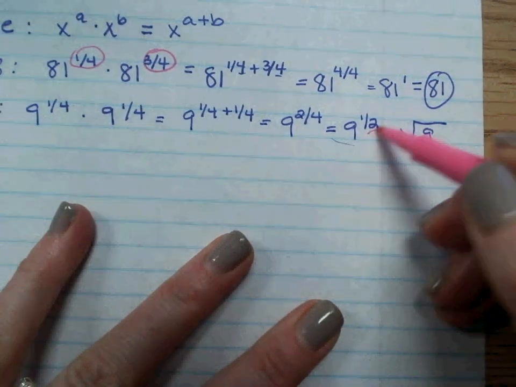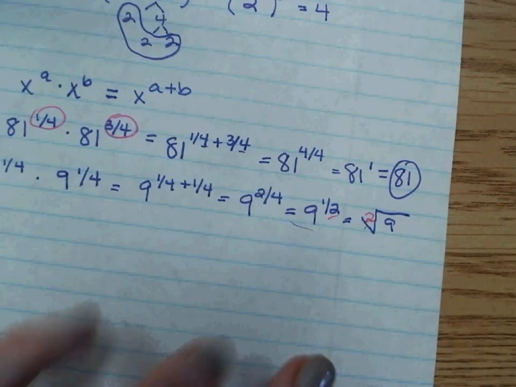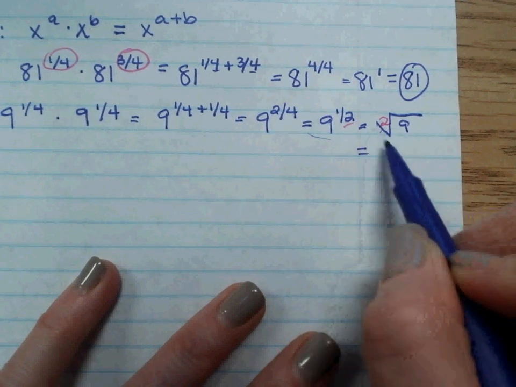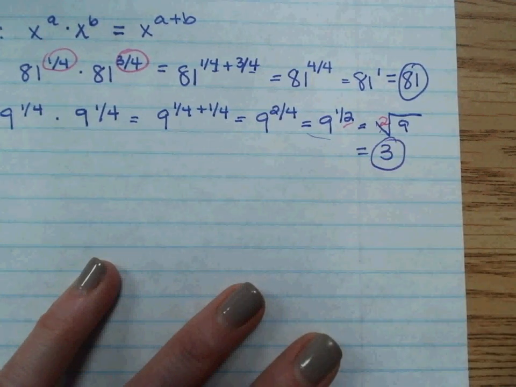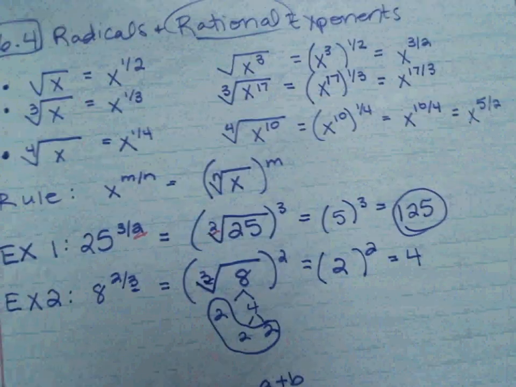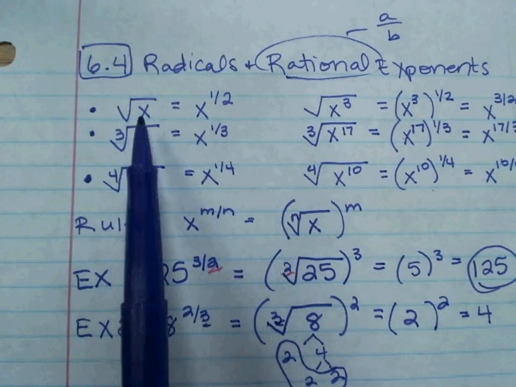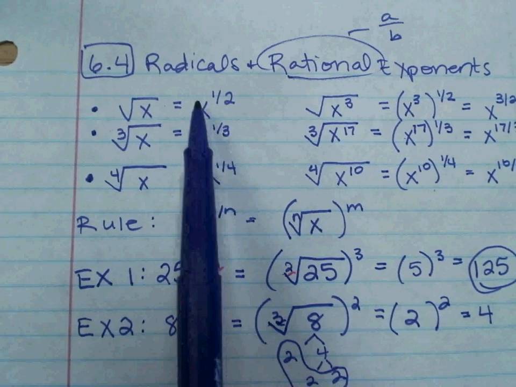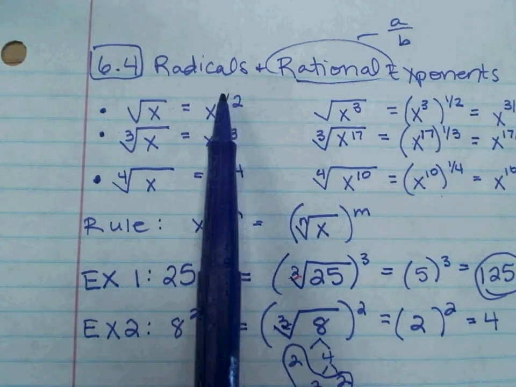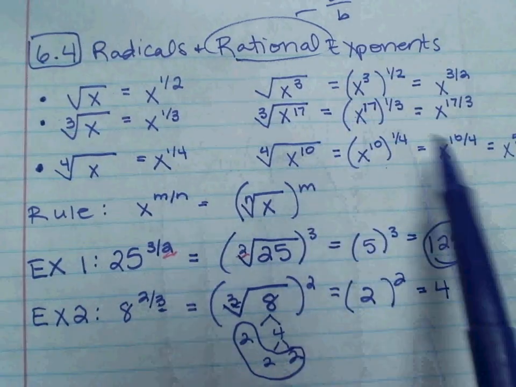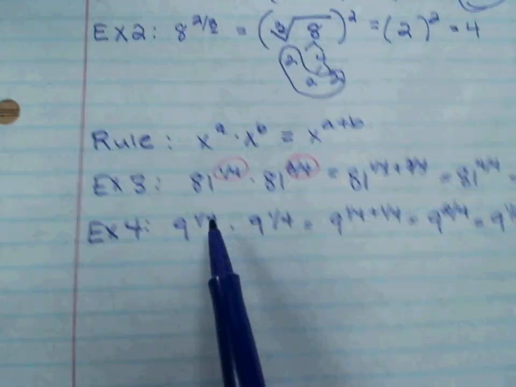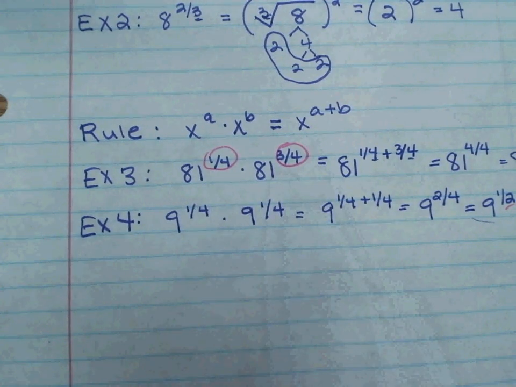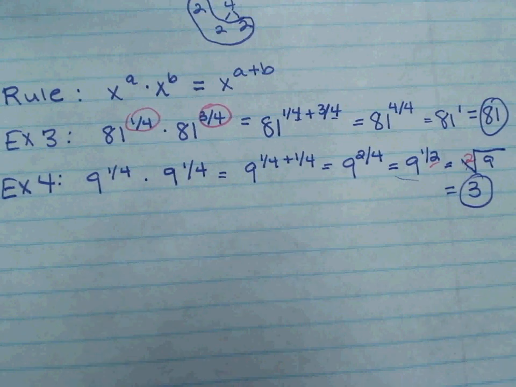We could put this 2 here in the index, but that's our phantom 2, it's not required. Now we can simplify: the square root of 9 is 3. So that's how we can work through problems where we need to convert from a radical expression to an exponential expression, or reverse, and how we can multiply numbers with the same base by adding their rational exponents.